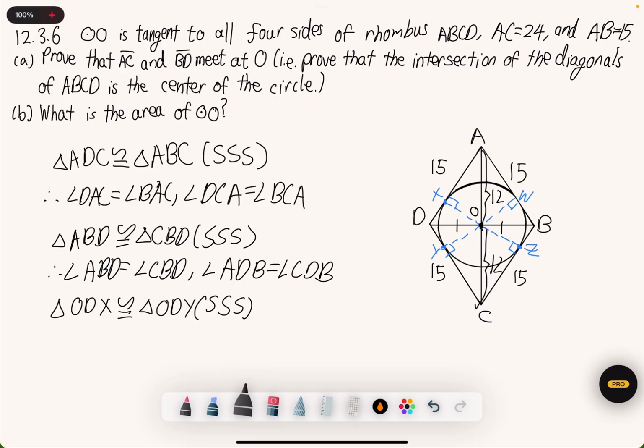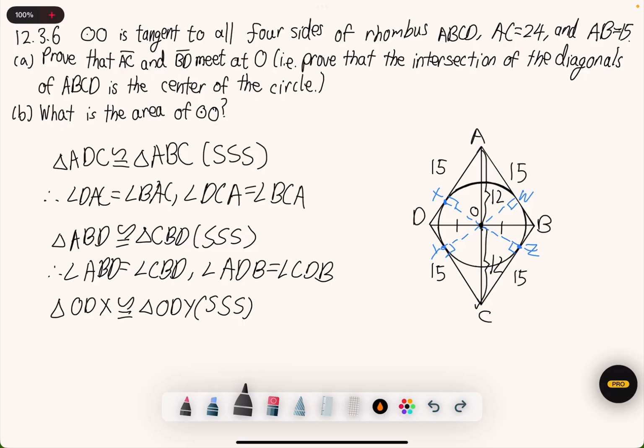So why? Firstly, OD is obviously equal to OD. There's no doubt in this. Well, why are OX and OY equal? Because OX and OY are both radii. This is why they're perpendicular, because they're both radii. Without this whole radii thing, we are not sure if OX and OY are perpendicular to AD and CD.